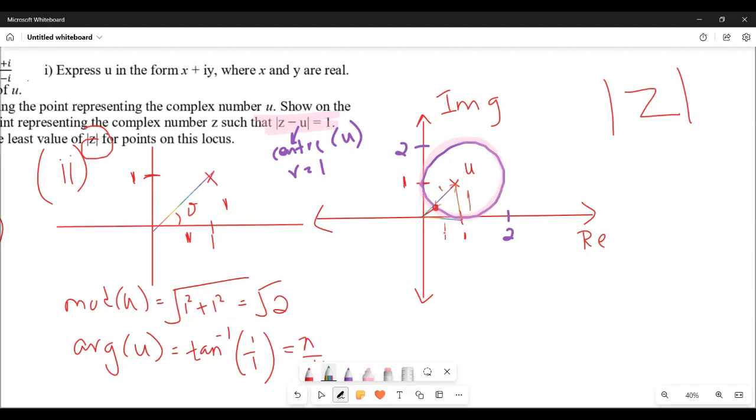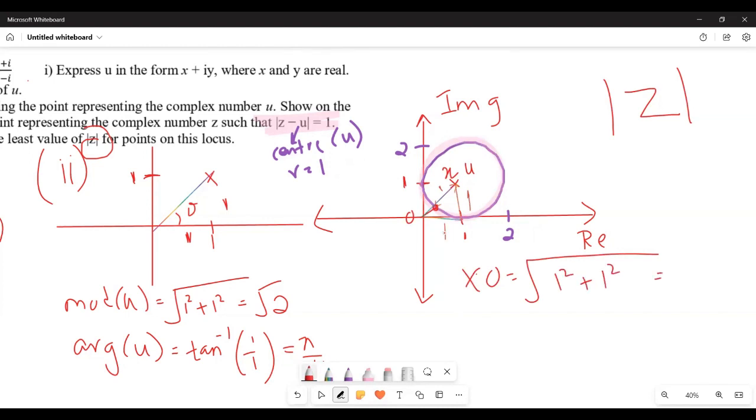So now I'm going to use Pythagoras theorem and get that entire length from the center, let's call it X, to the origin O. So the length XO is going to be square root of 1 square plus 1 square. That is square root of 2. So that entire length is square root of 2, but from it we'll subtract 1. And we get the smallest possible modulus of C, square root of 2 minus 1.